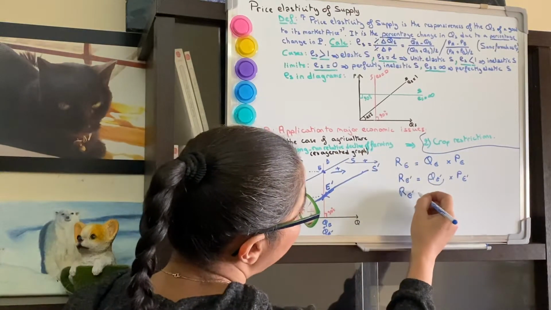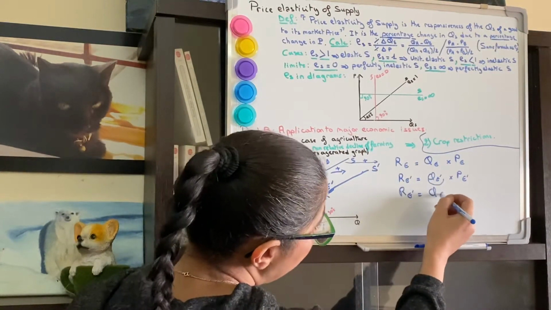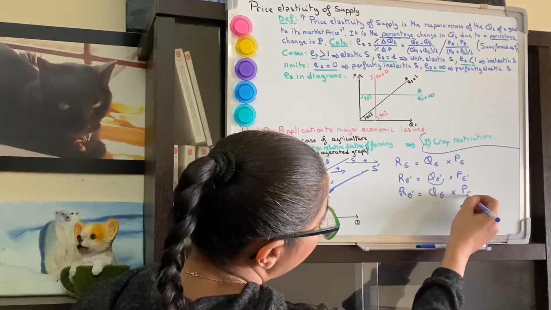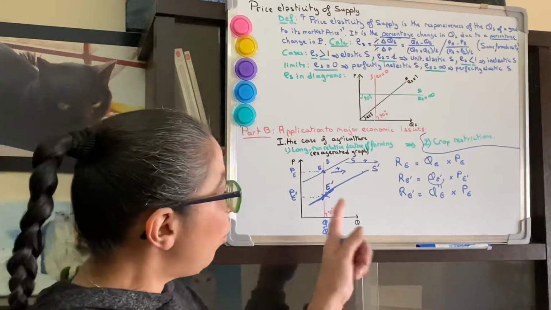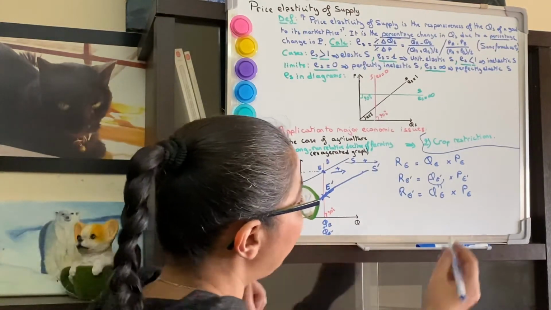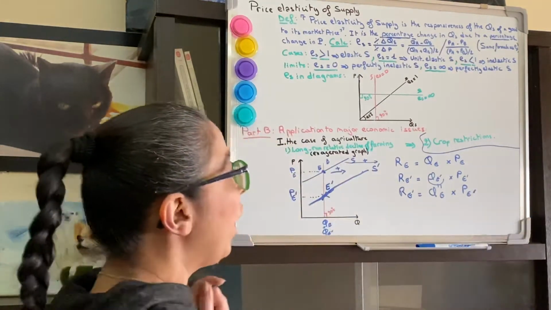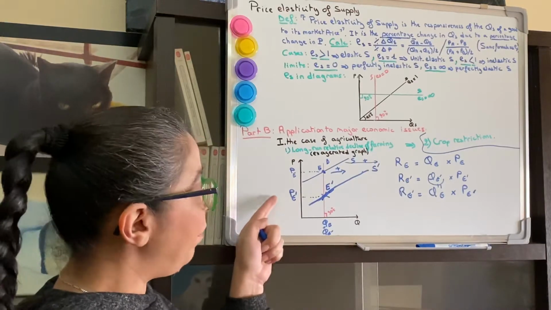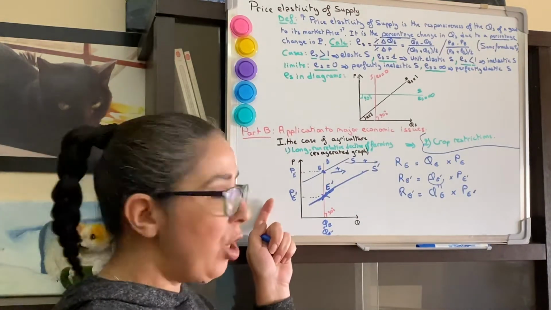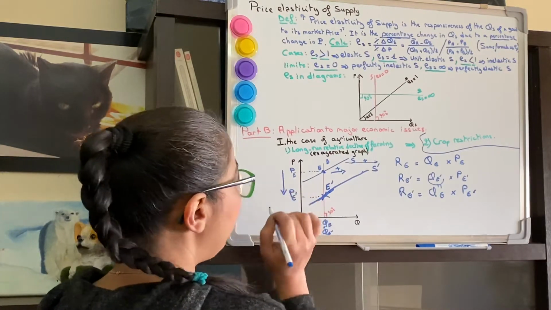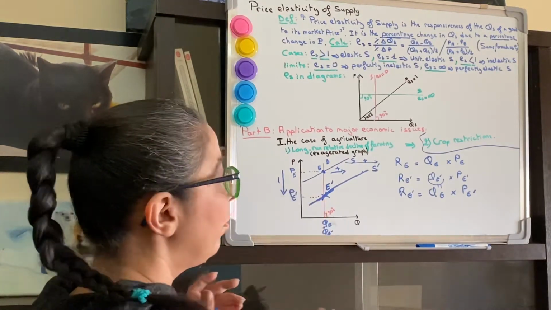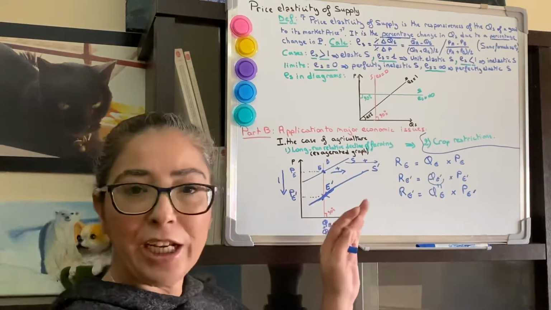So revenue at E prime is equal to QE times PE prime because of the equality between these two. But what about PE and PE prime? Are they equal? Absolutely not. PE prime decreased a lot due to the supply shift.